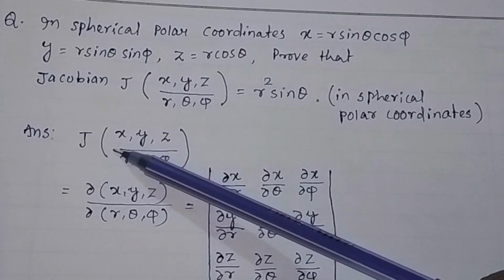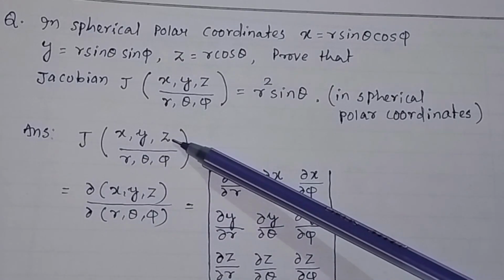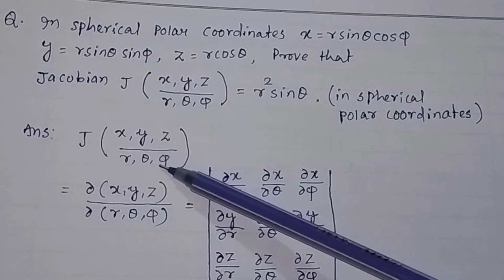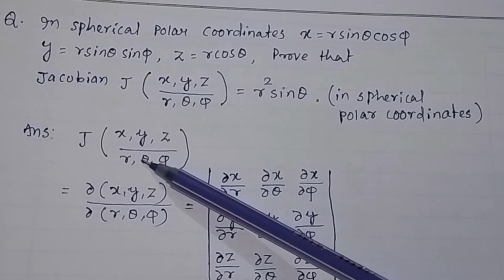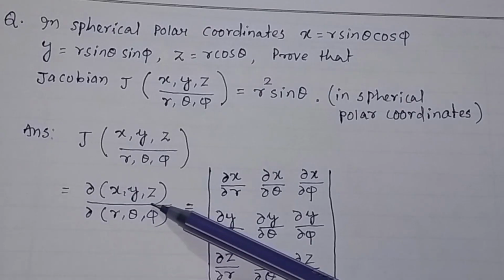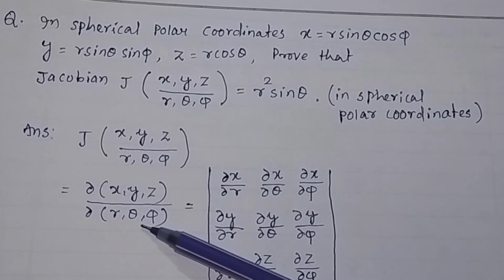So we have to find out the Jacobian of x, y, z with respect to r, theta, phi, and we know from the definition of Jacobian that it is equal to the partial derivative of x, y, z with respect to r, theta, phi.